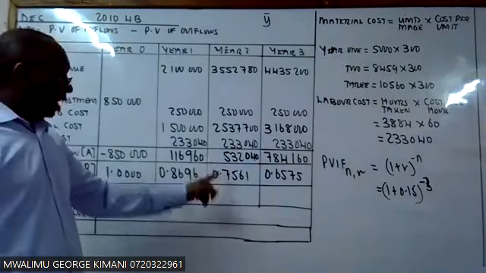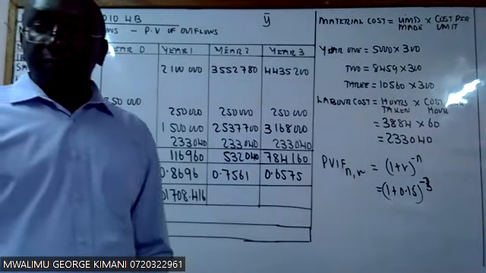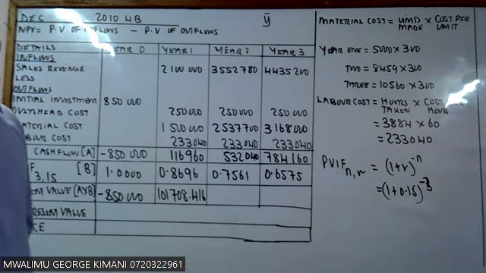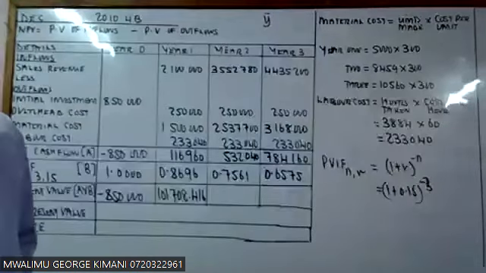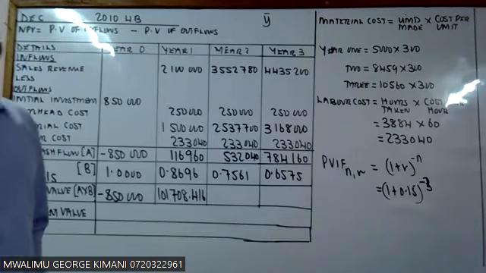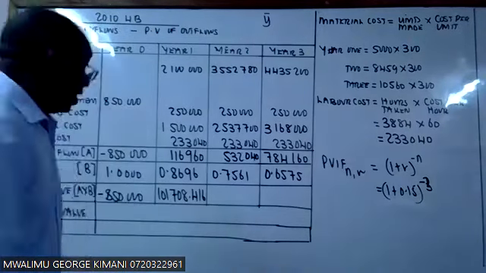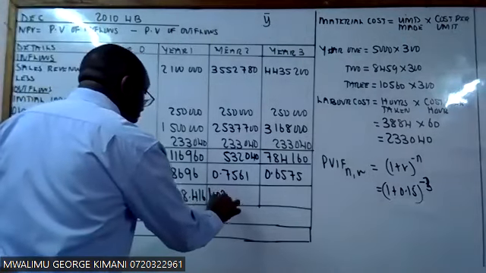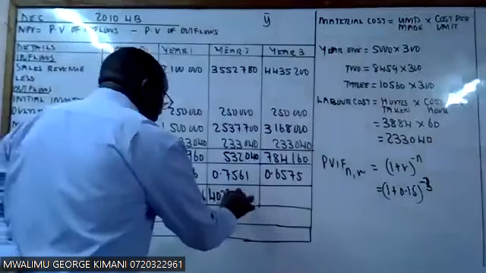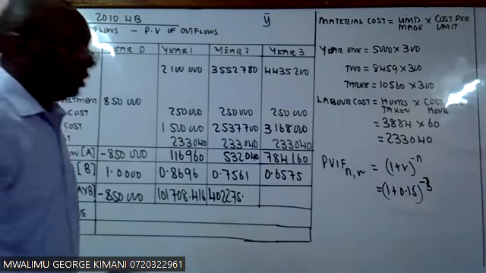Let's go to the next. This times this: 402,275.444.